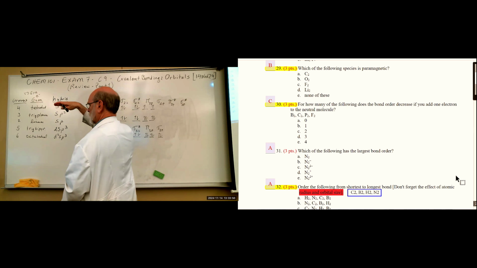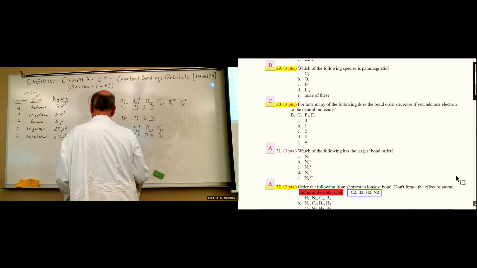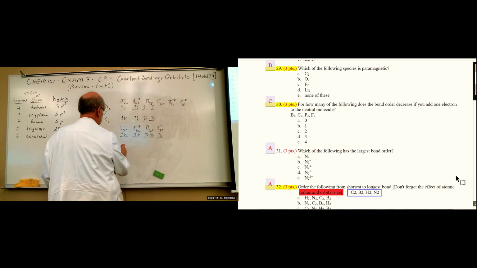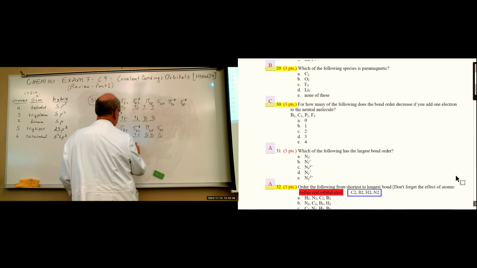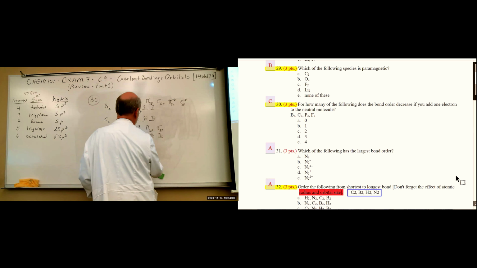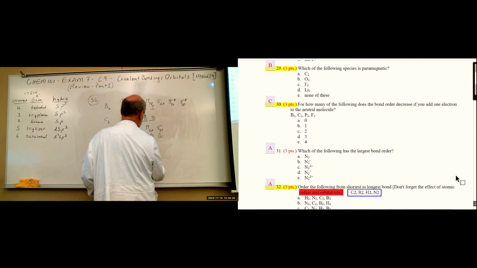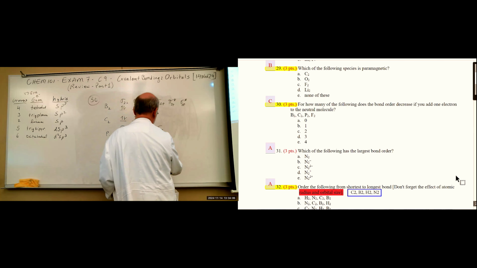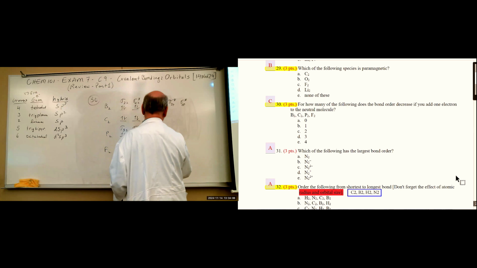Because phosphorus is in the third period. And then fluorine is back up in the second period. So I guess I'll have to draw it again. But it goes like this. And with no mixing. Actually, it doesn't matter. If we're only calculating the bond order, it really doesn't matter.